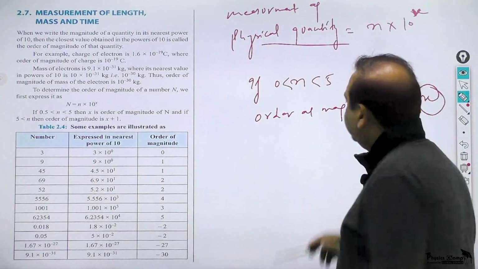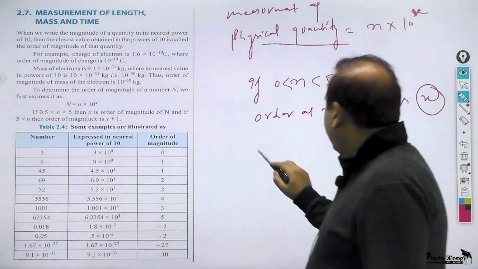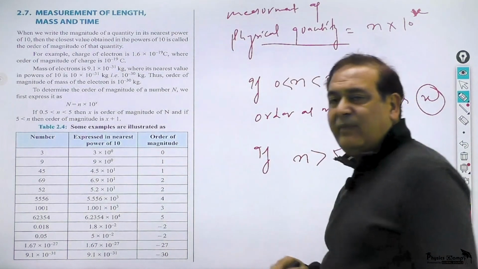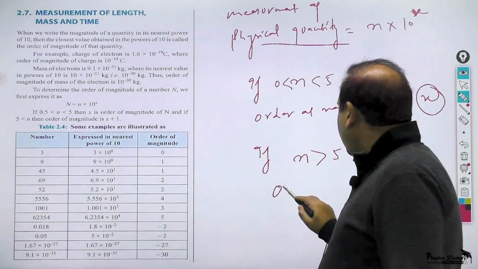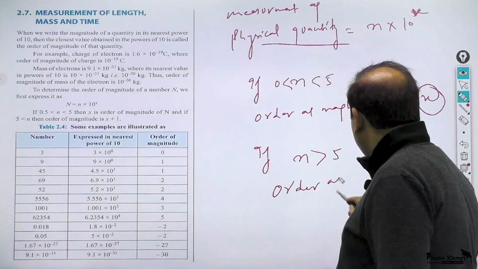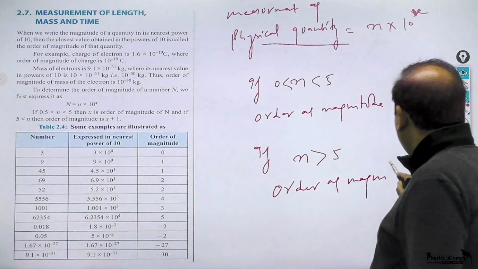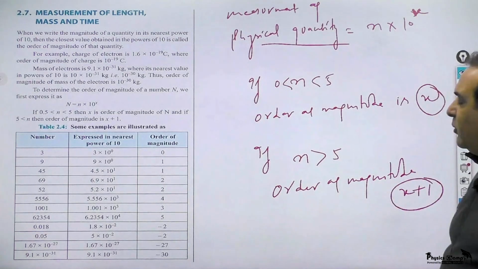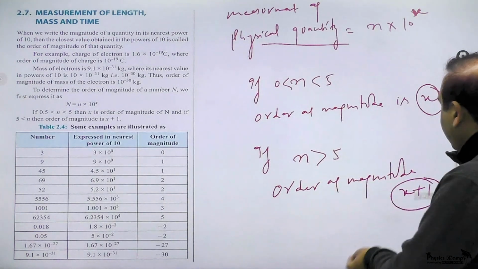So n doesn't make any addition to the order of magnitude, whereas if n has a value more than 5, then order of magnitude has an addition to x by 1. So order of magnitude is x plus 1.